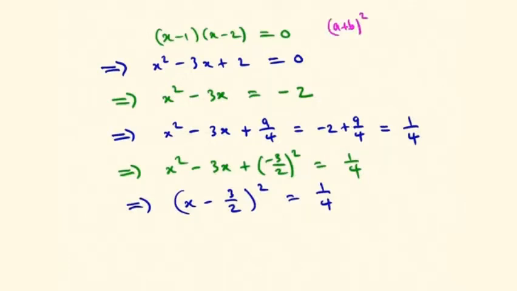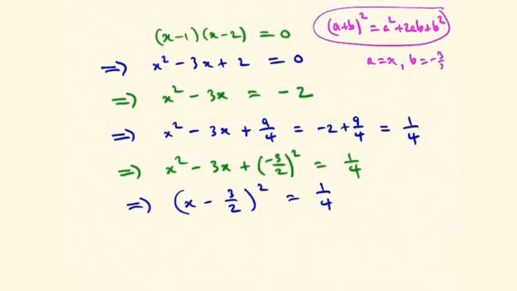A plus b squared is a squared plus 2ab plus b squared, where a is equal to x and b is equal to minus 3 on 2. This trick of adding 9 on 4 to both sides, a few steps back, produces this perfect square effect. This technique is called completing the square.